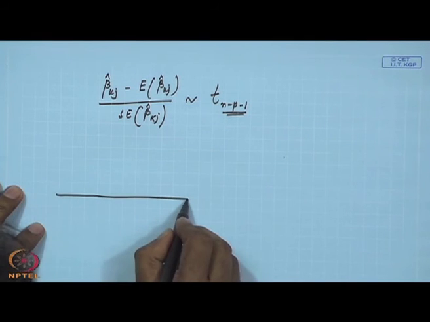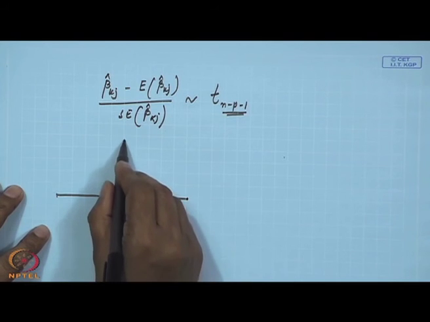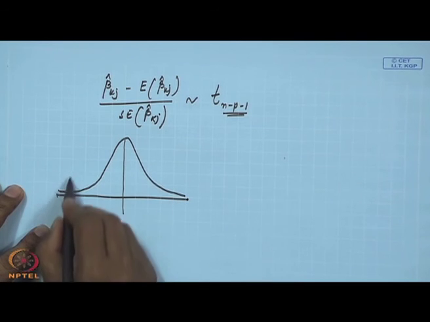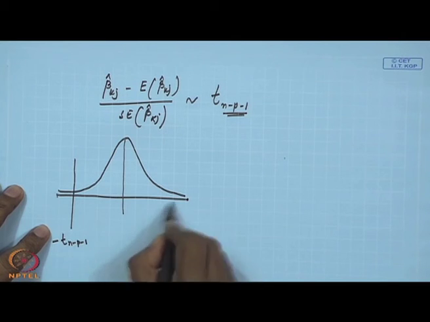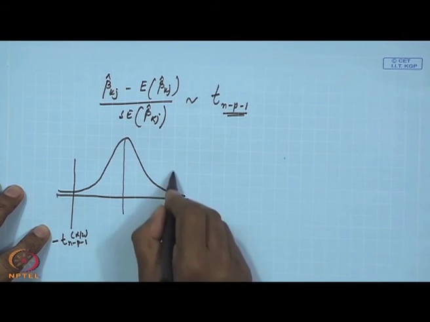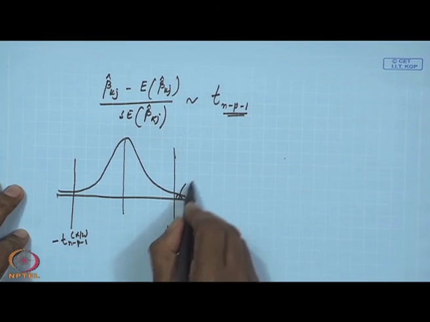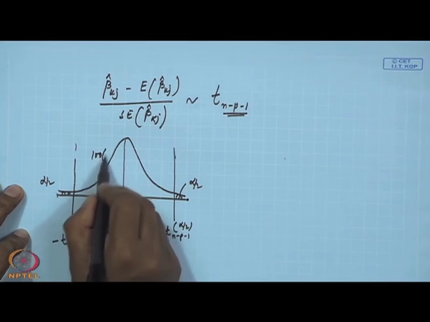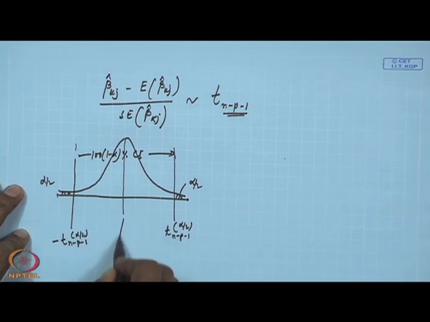I think this does not need to be discussed here, because if you follow my earlier MLR lecture, you will find the same thing. Suppose this point is minus t with n minus p minus 1 at alpha by 2, and this one is t with n minus p minus 1 at alpha by 2. So this side is alpha by 2 and this side is alpha by 2, and this is your 100 into 1 minus alpha percent confidence interval for beta j.